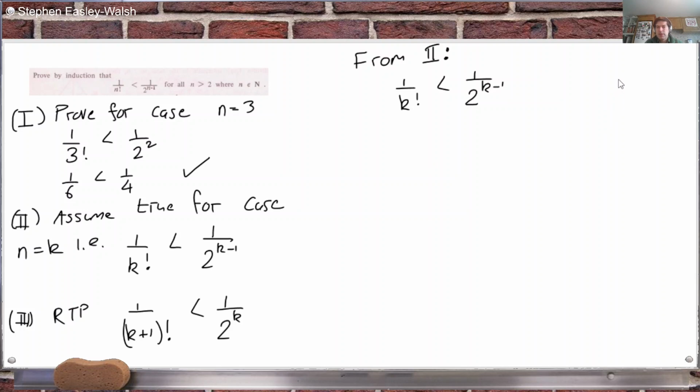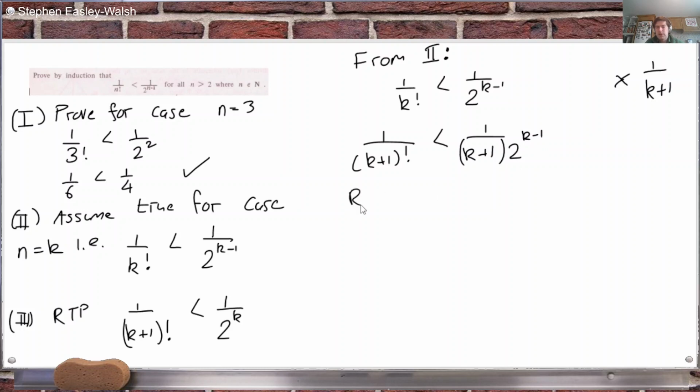So if you were to multiply both sides by 1 over k plus 1, then the left-hand side would become 1 over k plus 1 factorial. And then the right-hand side would become 1 over k plus 1 times 2 power k minus 1.